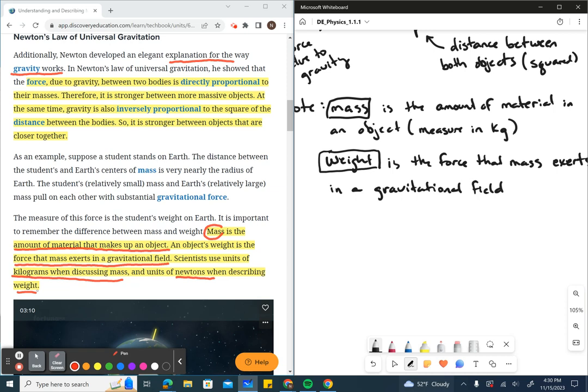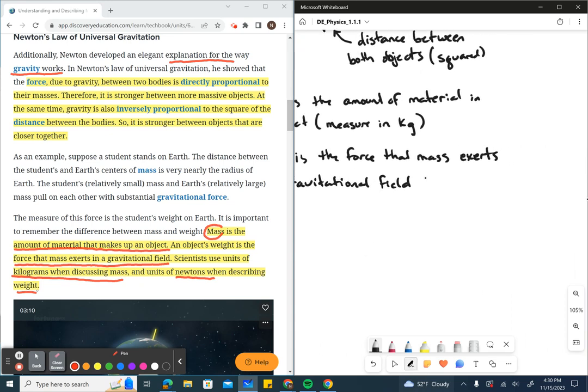Because if you're not in a gravitational field, you're not going to feel any force. Your bowling ball is just going to feel like it's floating, as if you're in outer space. And that weight is going to be measured in newtons.